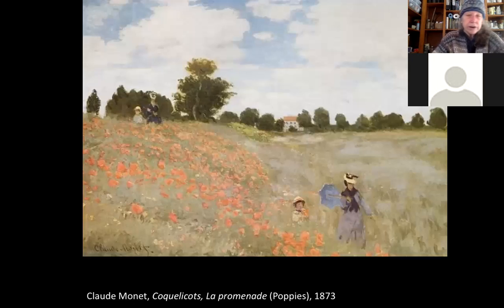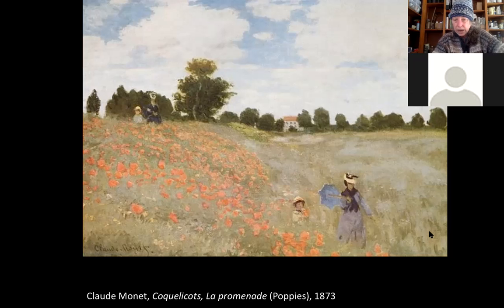One of the other characteristics of impressionist painting is that a lot of it centers on the landscape and on leisure time in the landscape. Bourgeois people from Paris, maybe, who have taken the train out to the countryside and are having a nice Saturday or Sunday walk in the country.